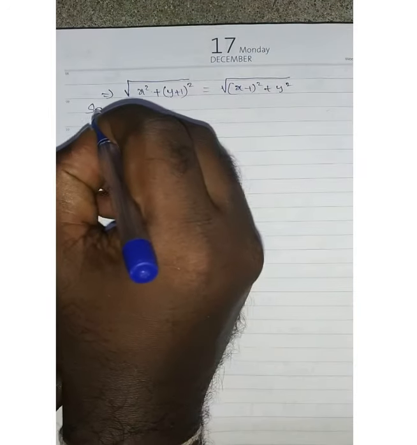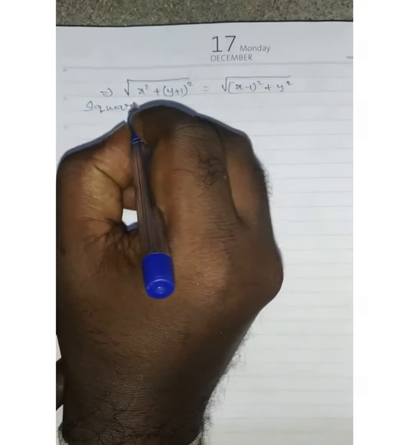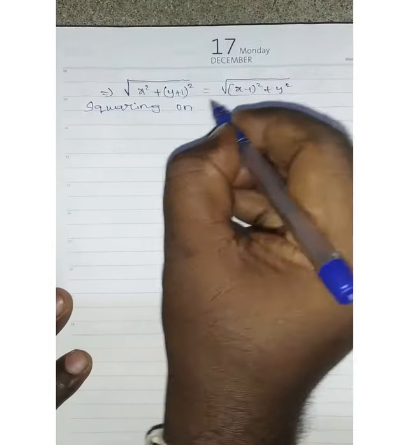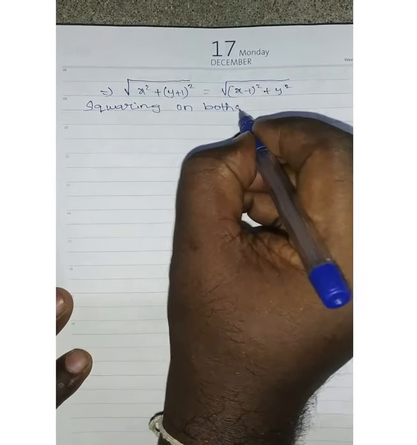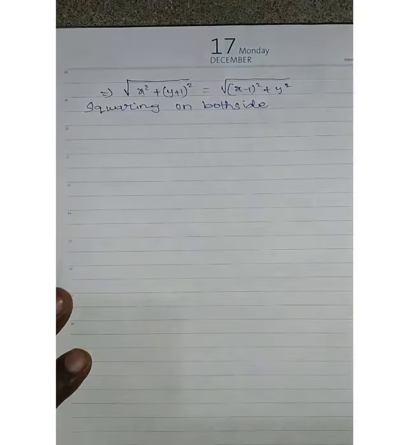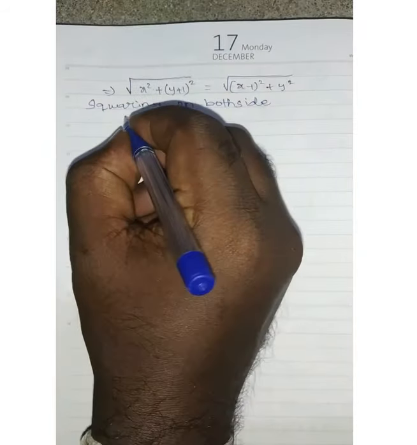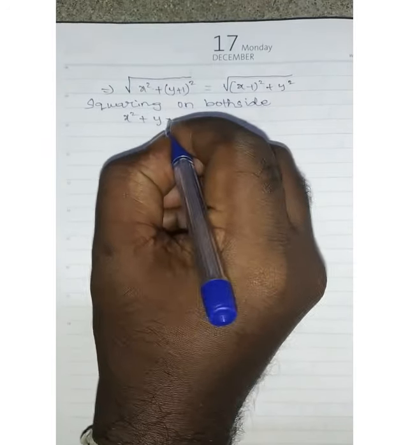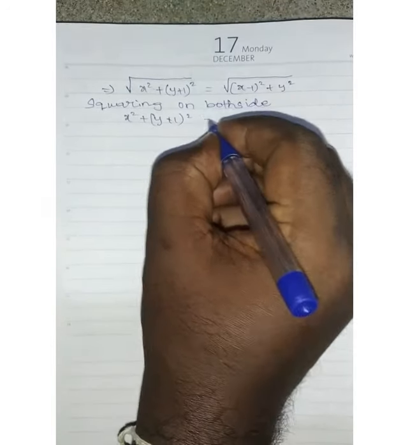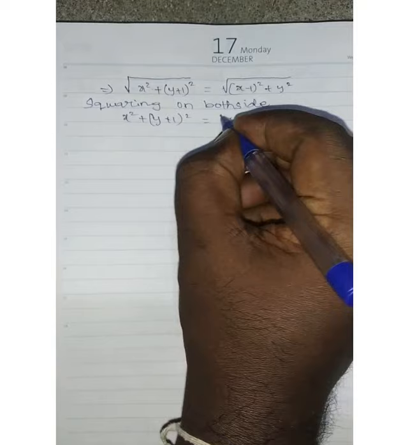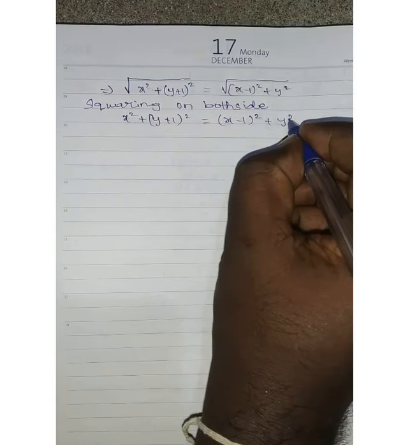Okay, now squaring on both sides: x square plus y plus 1 the whole square is equal to x minus 1 the whole square plus y square.